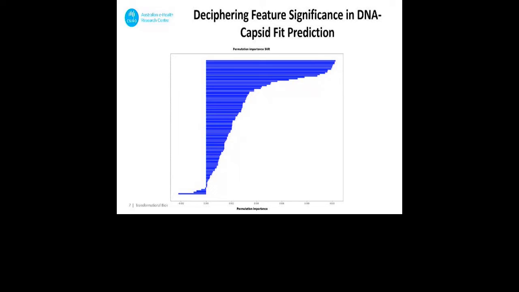You can see that it is not just one feature, but multiple features that contribute to predicting how the DNA fits into the capsid. This advances our understanding of the factors that are crucial for the prediction and the fit, enables us to make more accurate predictions, and ultimately leads to tailoring more efficient gene therapy treatments.